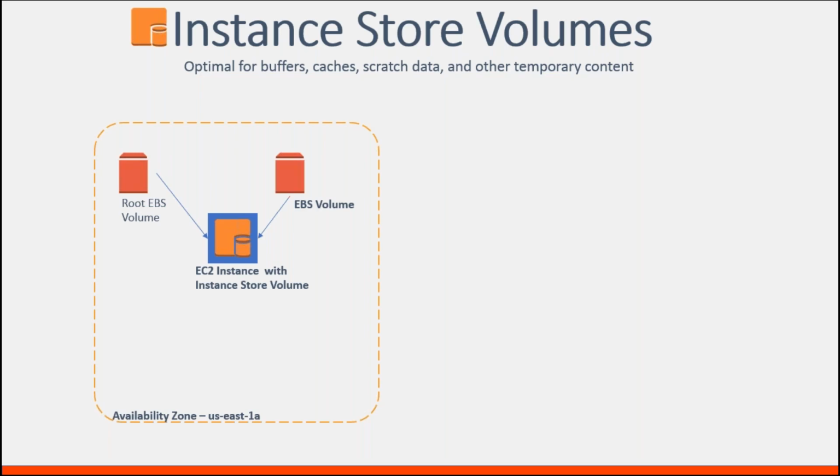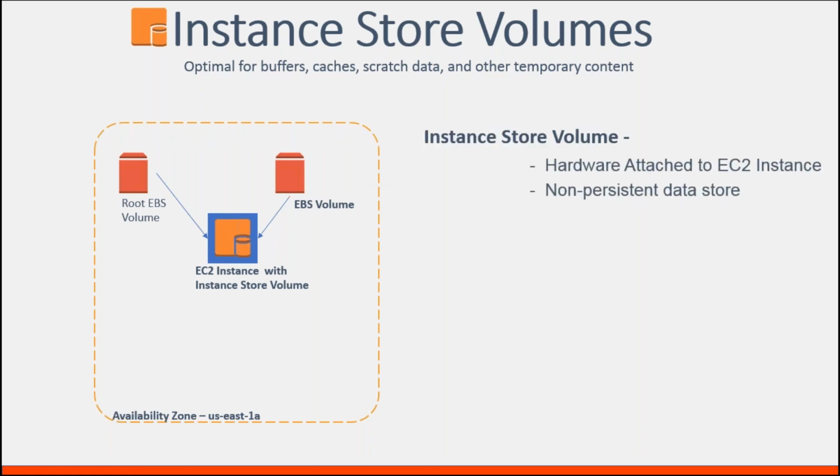Why? The instance store volumes come by default with the EC2 instance, which is called the hardware-attached internal storage capacity for your EC2 instances. The tricky thing to understand here is that the data you are storing in the instance store volume is not persistent data.